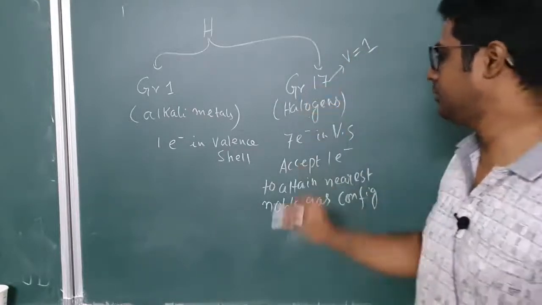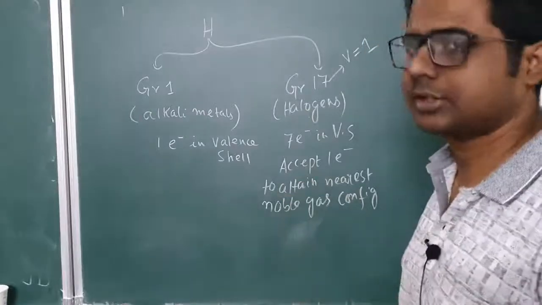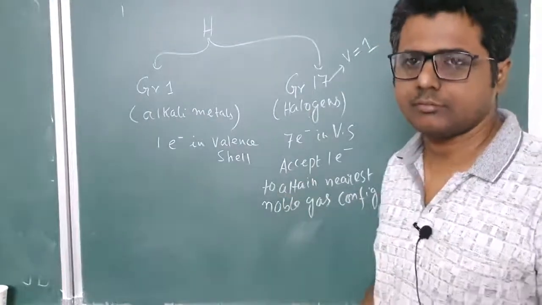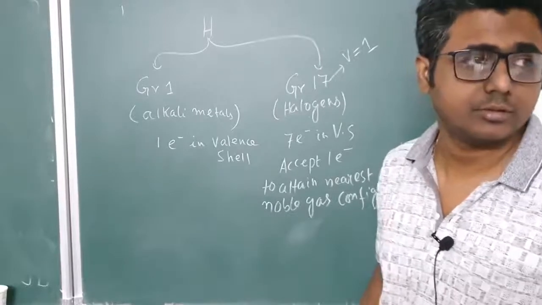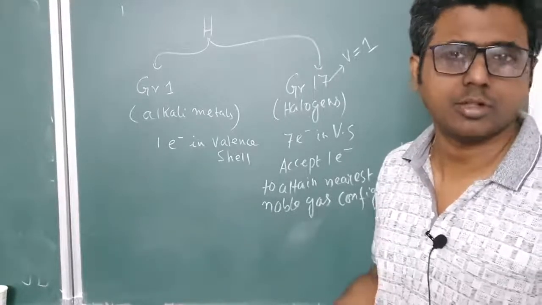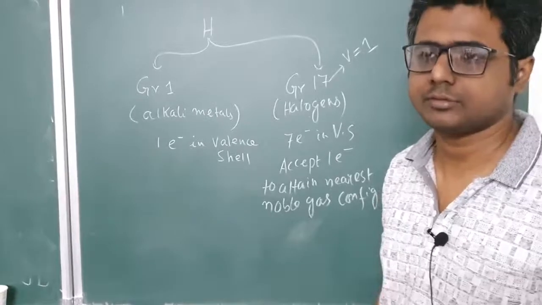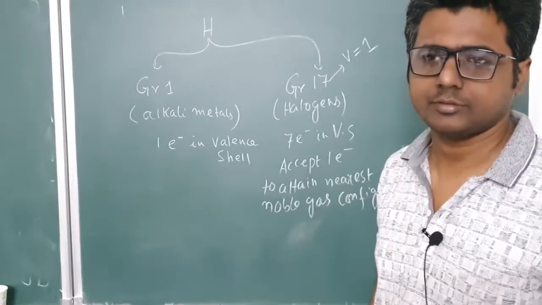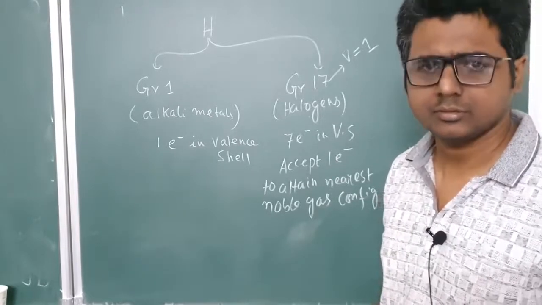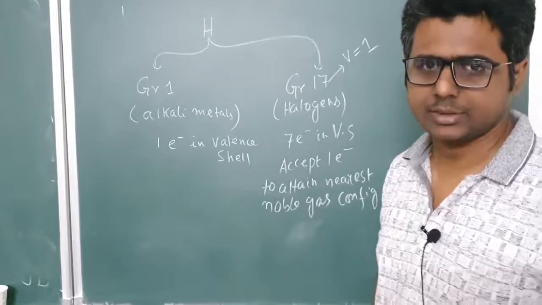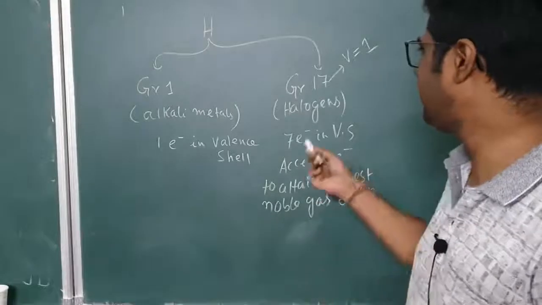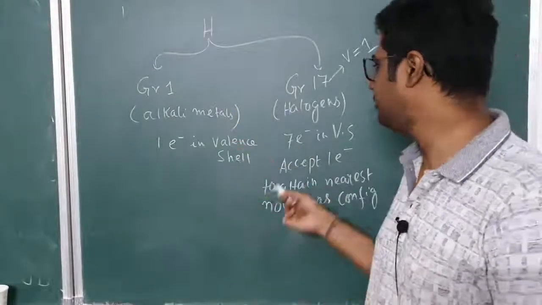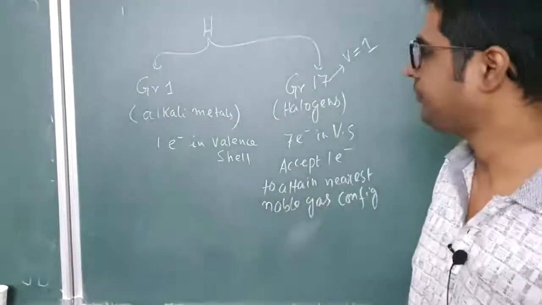So hydrogen also in some cases accepts electrons and forms an anion. What anion does it form after accepting 1 electron? If it accepts one electron, then it forms hydrides. So hydrogen can also accept 1 electron to form hydrides, okay.